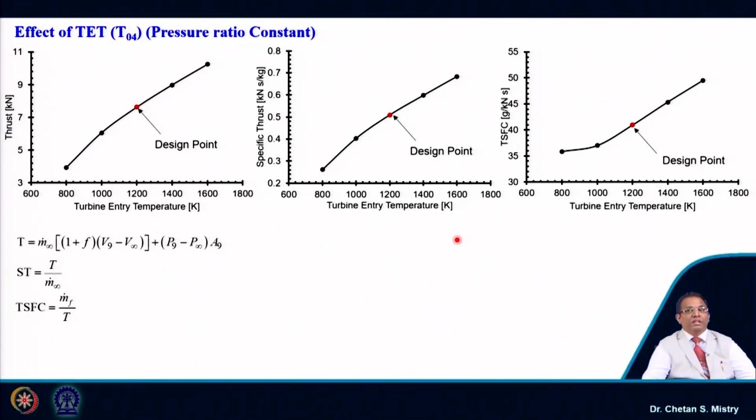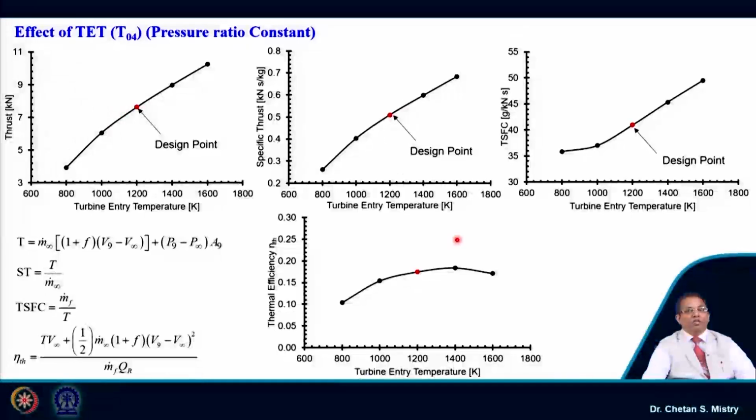And this will lead to a change in my thermal efficiency also. So, just understand the parameter we are assuming at the initial stage, this gives the idea of how variation of one parameter impacts all the performance parameters, keeping other parameters constant.